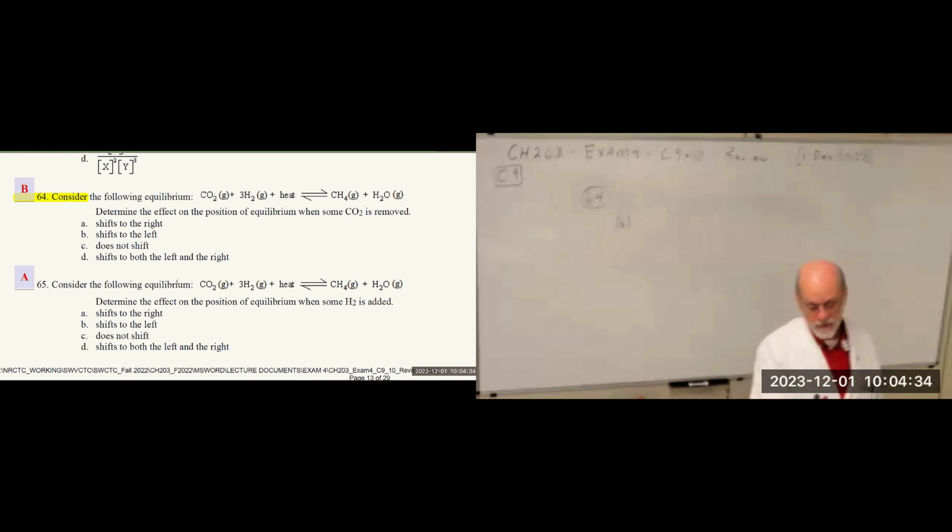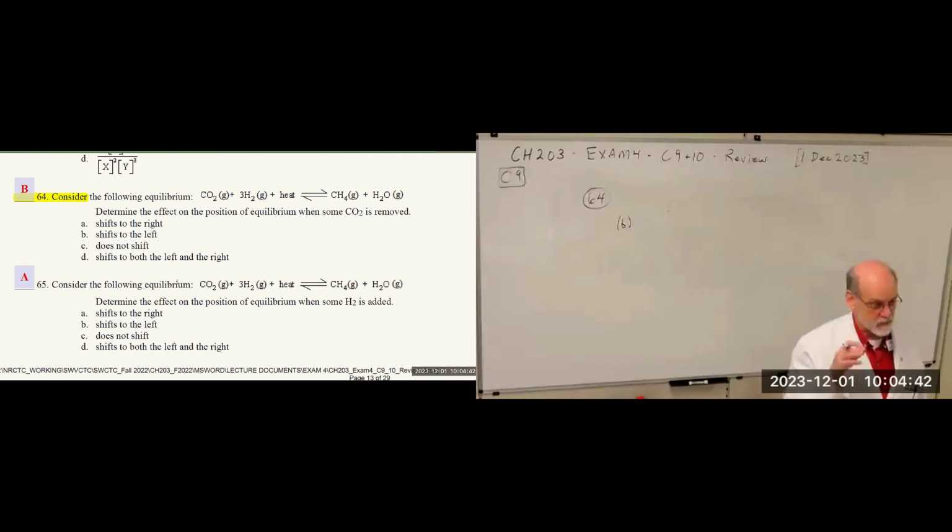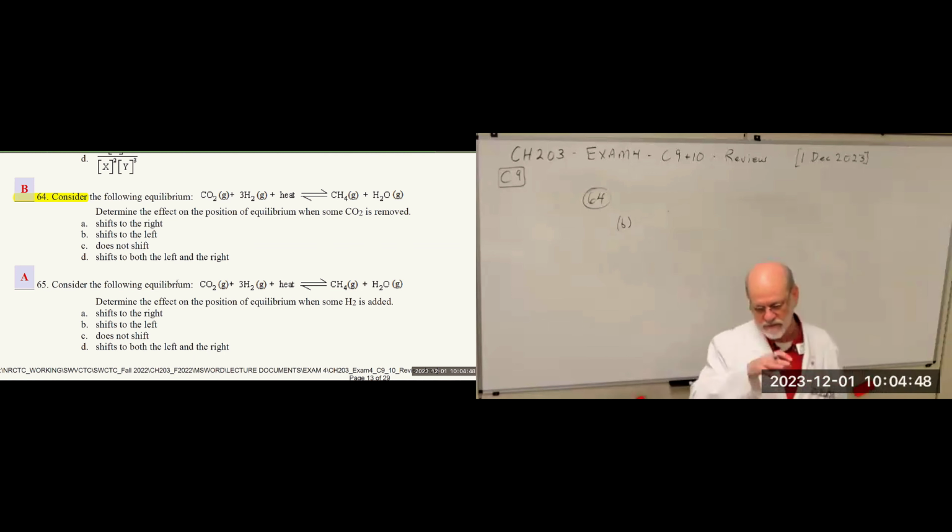If we wrote that equation the other direction, it would be shift to the right. So you've got to reference a balanced equation in order to do that. Otherwise, you would say produces and name the compound or name the element.